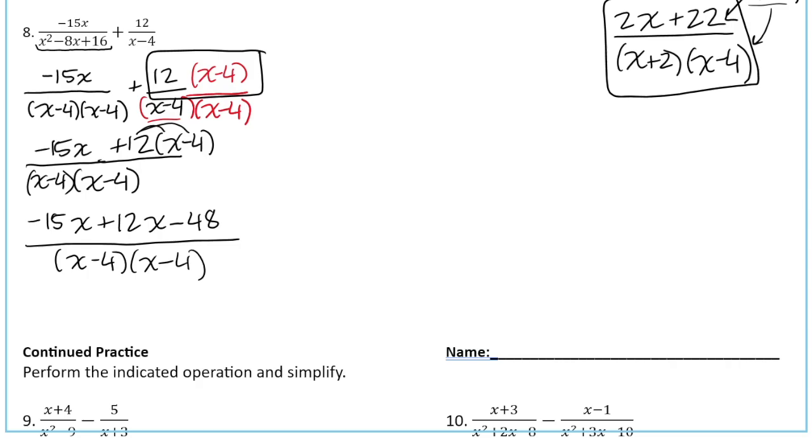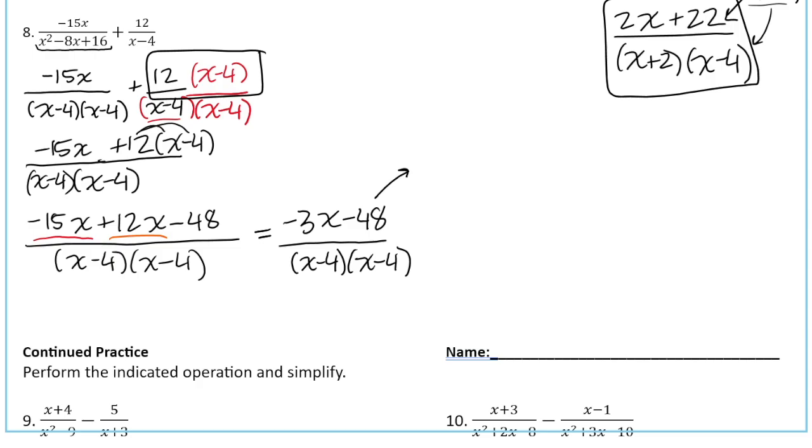I'm going to combine like terms. I have negative 15x plus 12x, so negative 3x minus 48 all over x minus 4 times x minus 4. I'm going to check on the top.